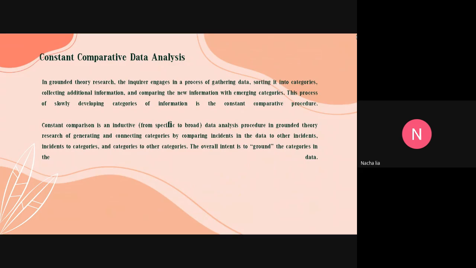Constant comparison is an inductive data analysis procedure in grounded theory research of generating and connecting categories by comparing incidents in the data to other incidents, incidents to categories, and categories to other categories. The overall intent is to ground the categories in the data.